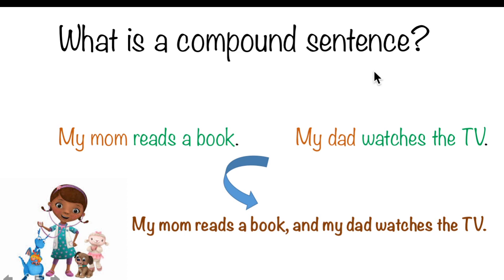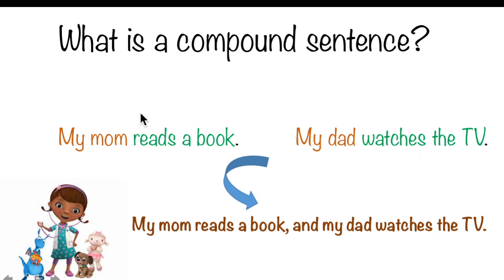So what is a compound sentence? A compound sentence is a sentence that is made of two simple sentences. And what is a simple sentence? A simple sentence is a sentence that has only one subject and one predicate.